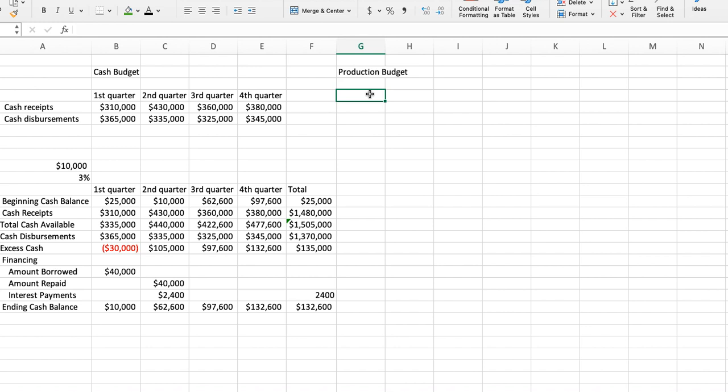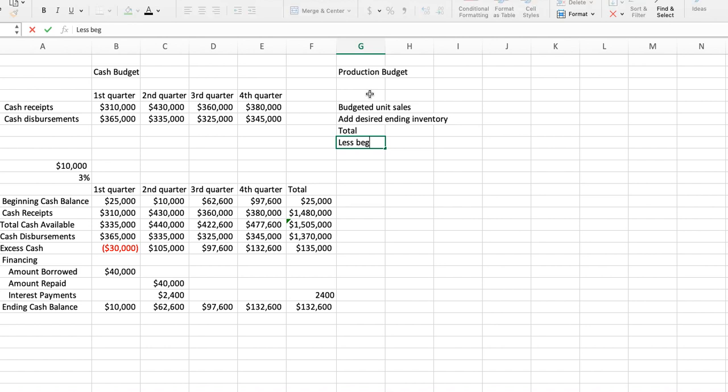There's a production budget on page 418 in your textbook, Schedule 2. And what we want to show is budgeted unit sales. And then we want to have desired ending inventory, because most of the time we need to have some ready for next quarter or next month or next week, whichever one we're looking at.